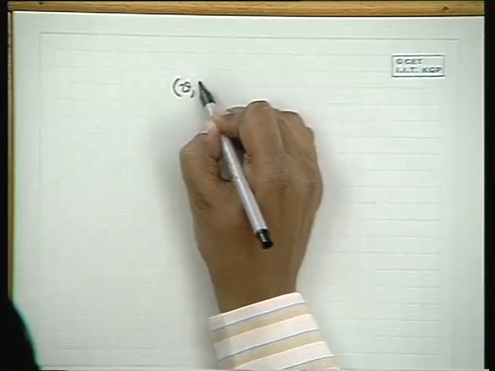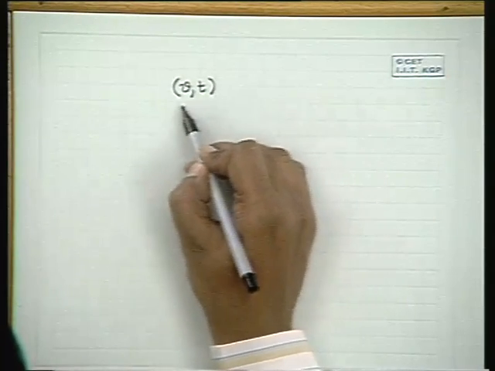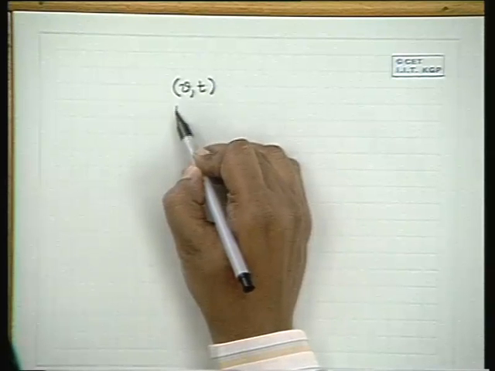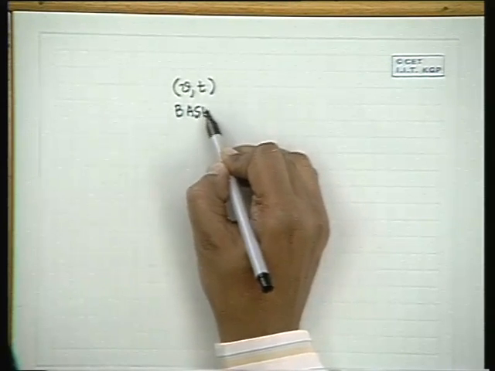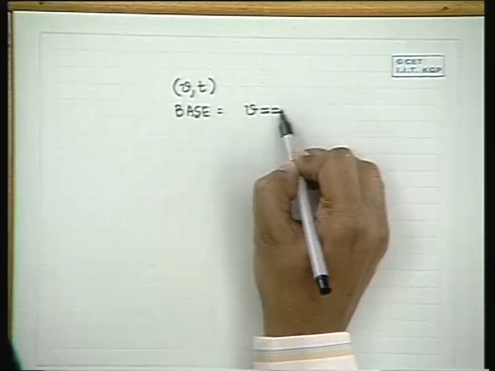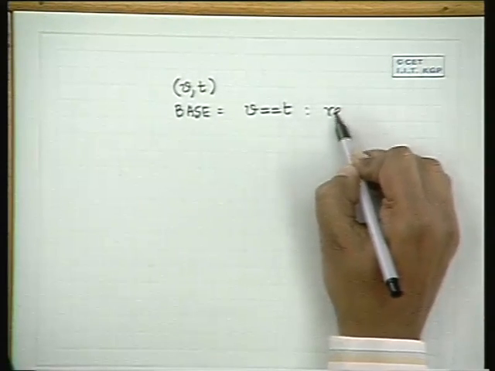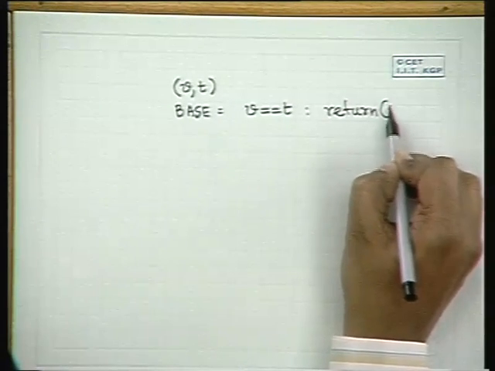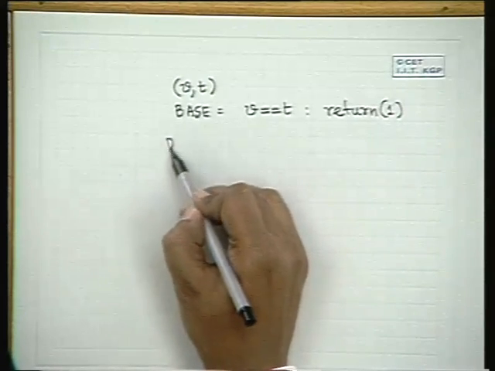From V, t, you have got the base condition. Base condition is V equal to t, return 1. Otherwise decompose.